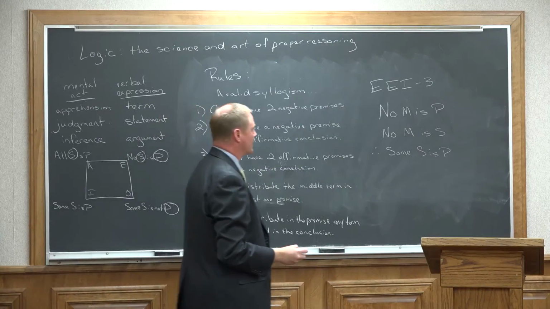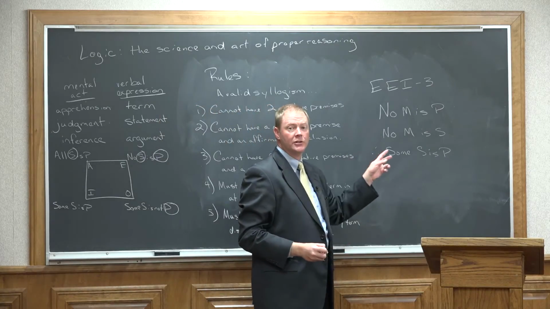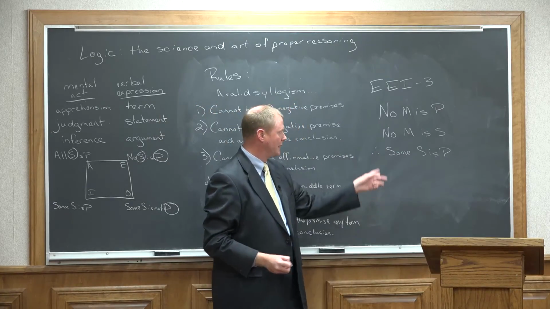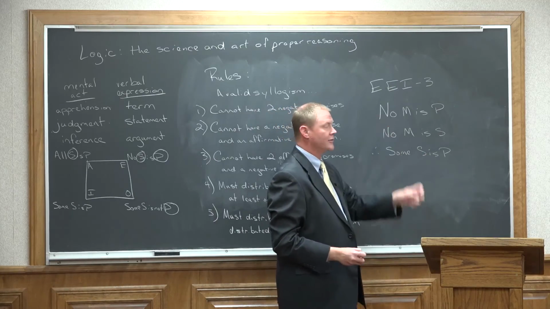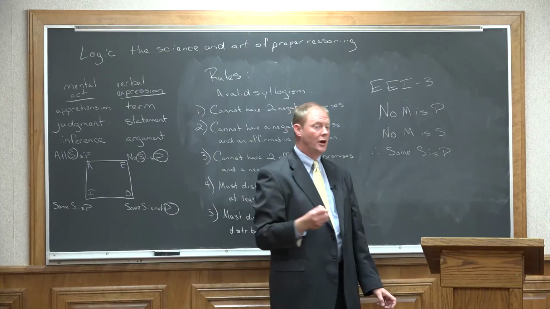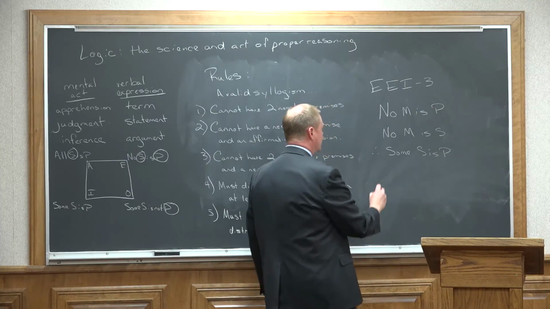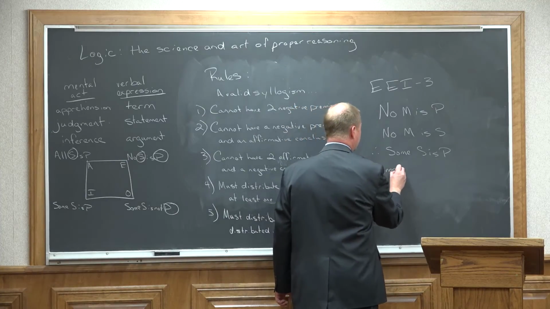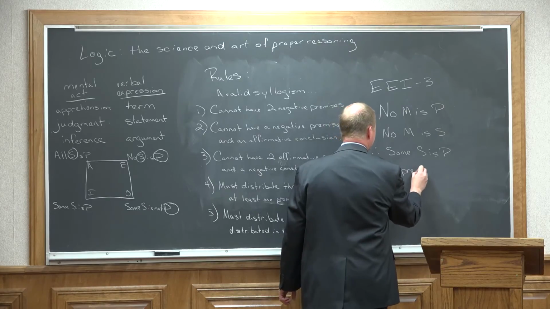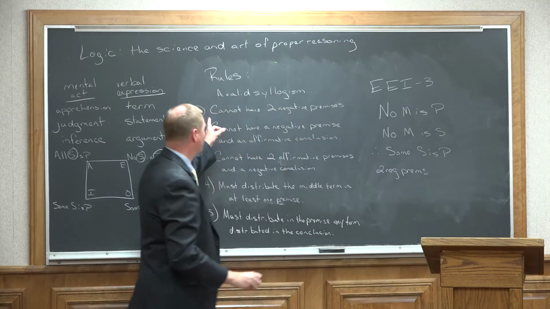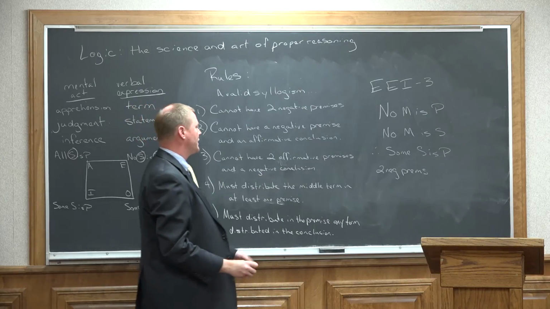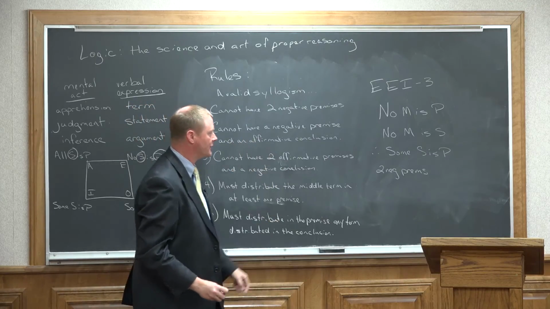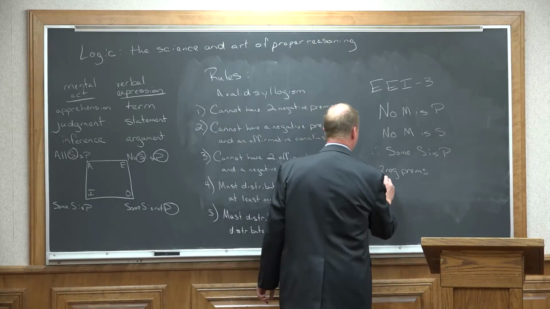Remember, again, we check the number of negative premises to the number of negative conclusions. We have no negative conclusion. We have 2 negative premises. So our first fallacy here is the fallacy of two negative premises, breaking this first rule. The second rule is also broken because we have a negative premise and an affirmative conclusion.